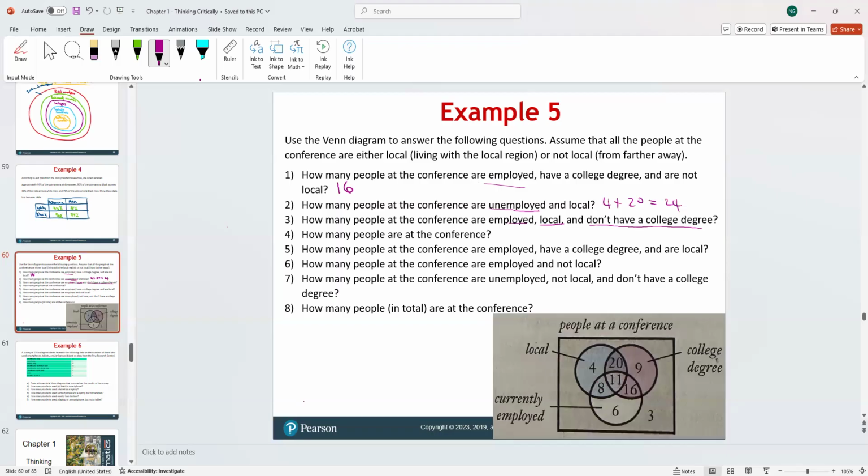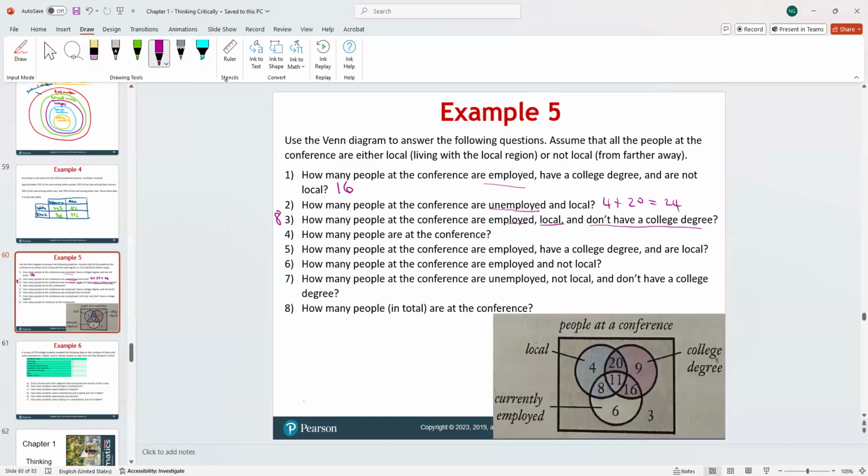That's the only region that has employed and local, but you cannot include the 11 or the 16 or the 20 with it. It's only 8. So number 3 would be 8. Okay, now let's see the next.